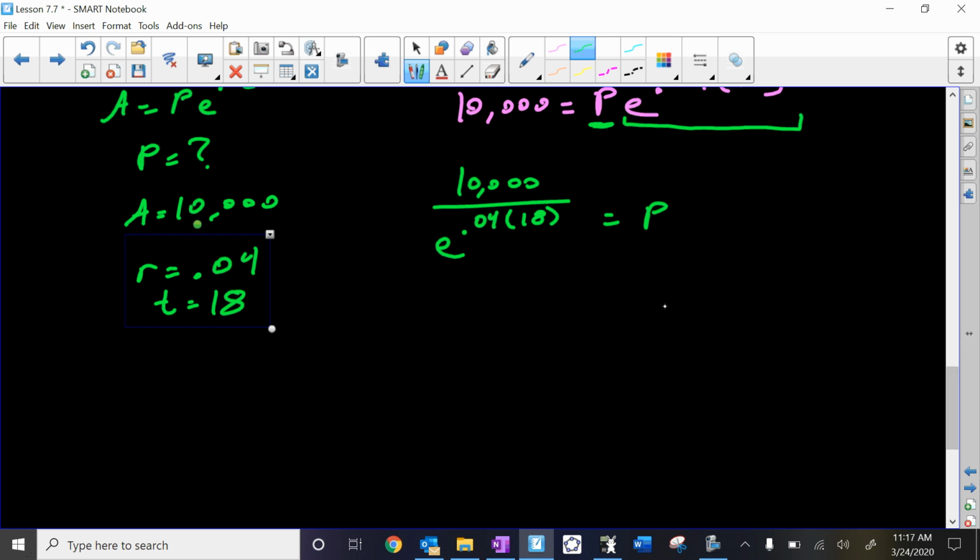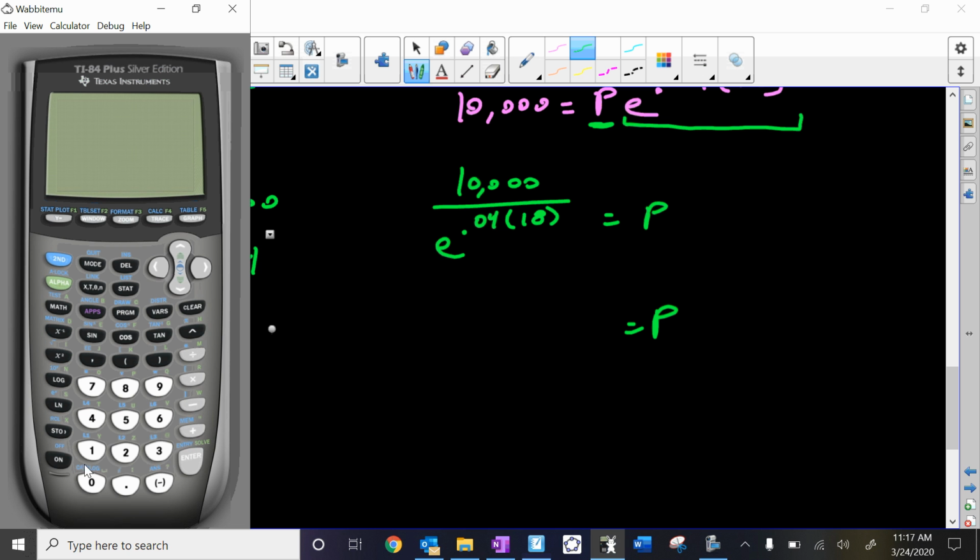I better do this one, as my first one was completely wrong as well. So I'll pull out my calculator. I've got 10,000 divided by, I'm going to put parentheses this time, e raised to the, again, you might need parentheses here. My calculator does not.